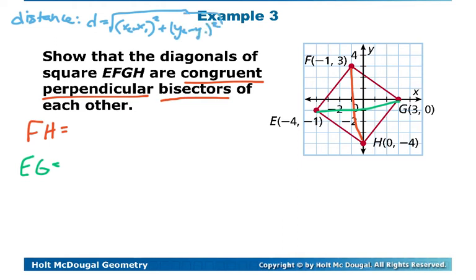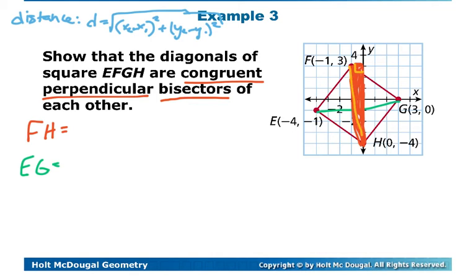Now, if you don't remember the distance formula, you can also imagine that this is a right triangle. So for instance, we can kind of picture this very skinny right triangle with a little right angle right here, and this is our hypotenuse.